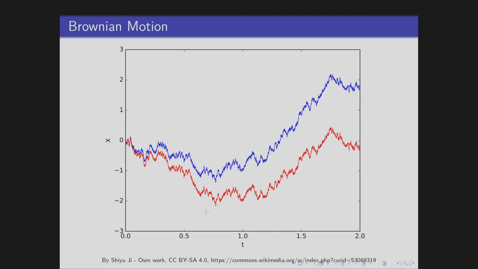If we take t1 as 0.5 and t2 as 1.0, then we can see that the difference between this point and this point has to be a Gaussian random variable, and it would be independent from any other increments we could find along the curve. So any tiny increment is also a Gaussian random variable, so it goes up with a certain percentage and down with another.